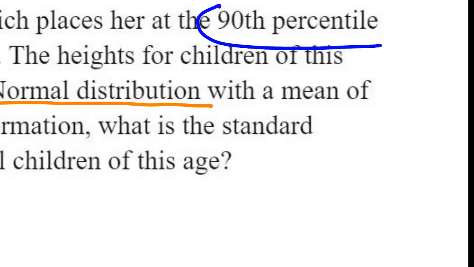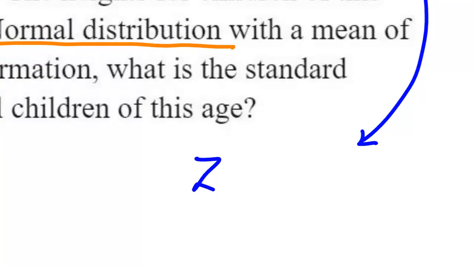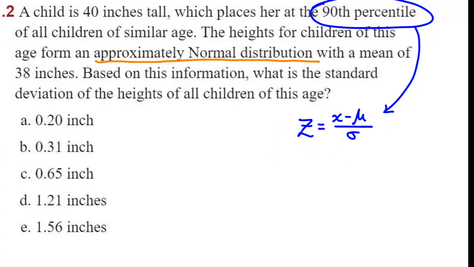So when they give me a percentile, I can use that to find a z-score. So z is equal to x minus mu over the standard deviation sigma.